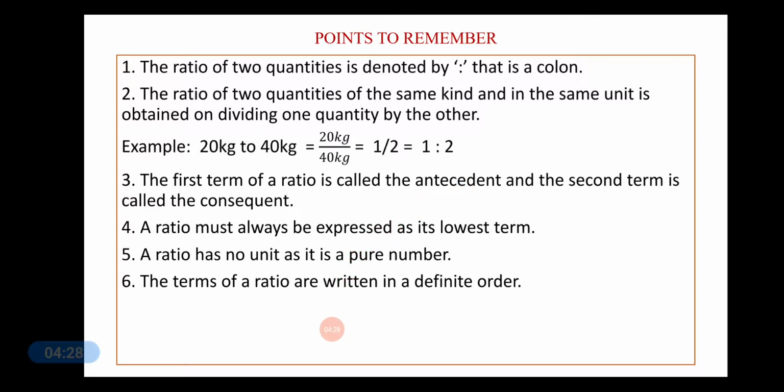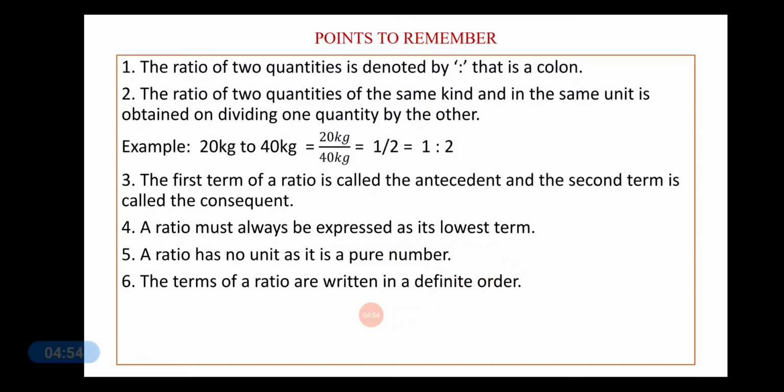The fourth point. A ratio must always be expressed in its lowest term. You can see over here, I did not write it as 20 is to 40 because we have to convert the fraction which we get over here into its lowest term and then only we can get the ratio.